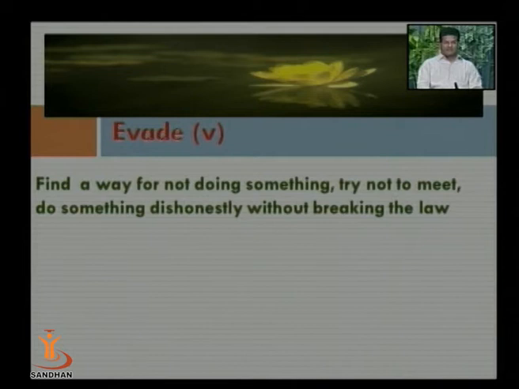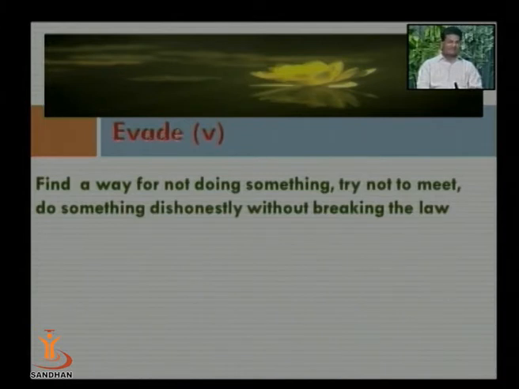Now, second, having the same meaning, is evade. Find a way of not doing something, try not to meet, do something dishonestly without breaking the law. See, very minute thing. Do something dishonestly, not honestly, but without breaking the law.